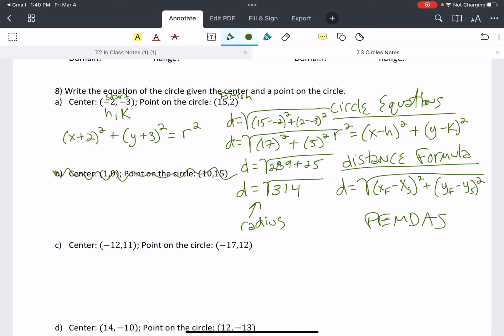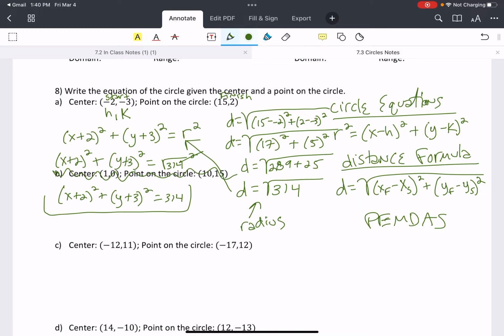This is my radius, so it's going to go here. So x plus 2 squared, my left-hand side is going to stay the same because we're just looking for the radius, so this is my r squared. Well, those cancel, and they're always going to cancel because r squared is always in my formula.